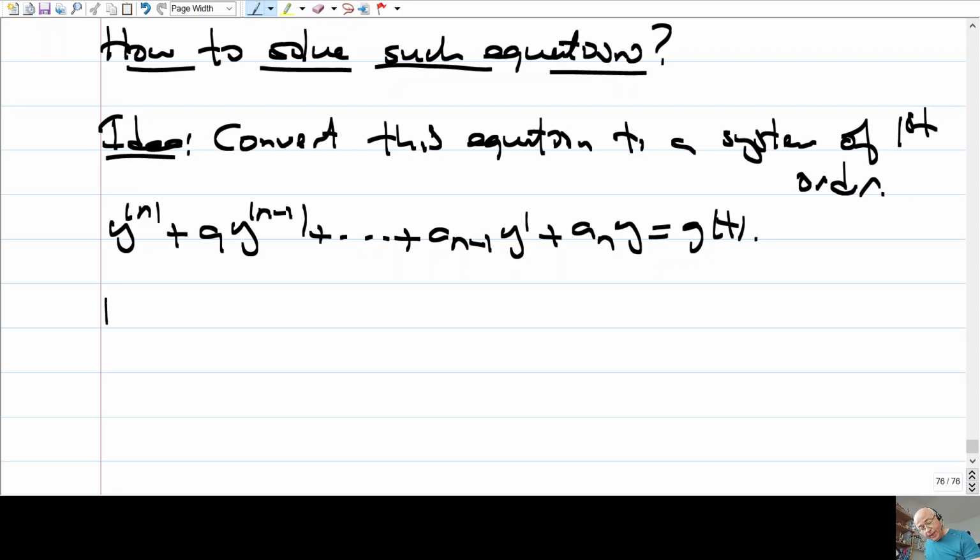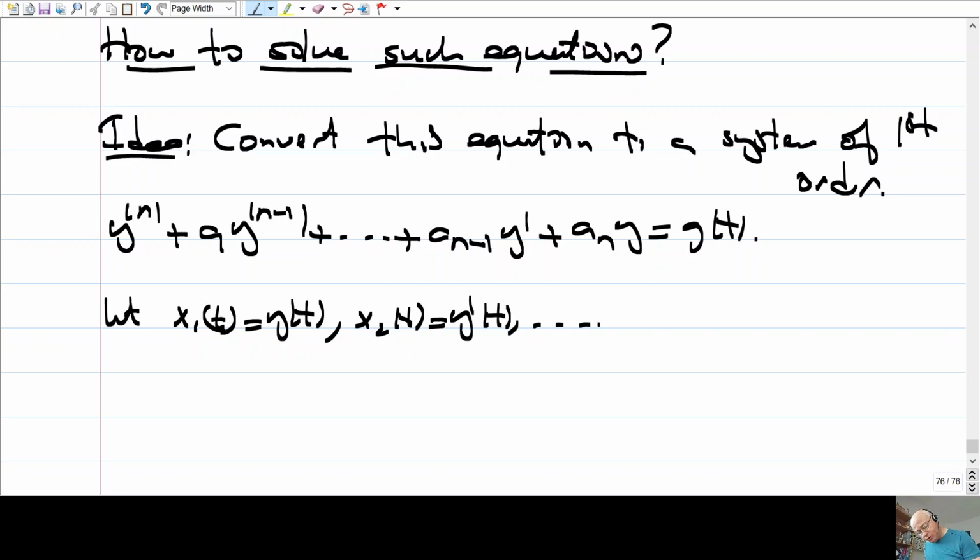So we will convert this to a first order system, and this is how we will do it. I will let x1(t) be just y(t), x2(t) be y prime(t), and so on.